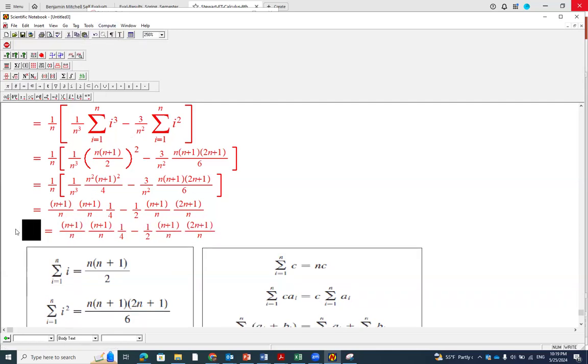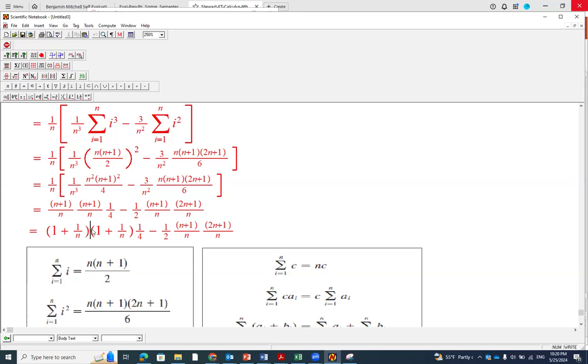limit exist as n approaches infinity, because as we're looking forward, this piece turns into 1 plus 1 over n. And this other piece is also, it doesn't matter, they're the same, okay? So it's 1 plus 1 over n, okay?